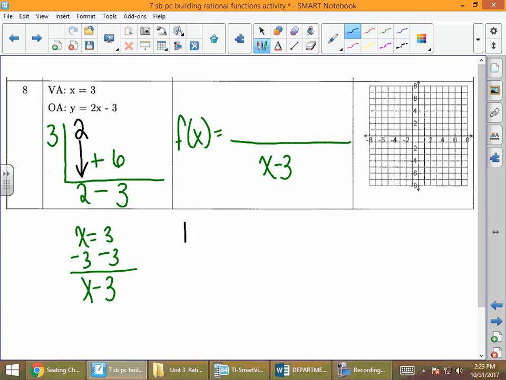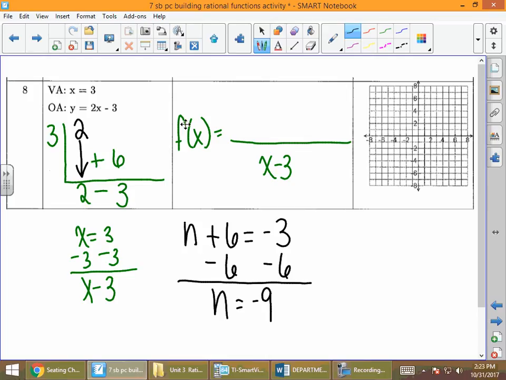And we could write it like this. What number, n, plus 6 equals negative 3? Well, we can subtract 6 from both sides. And we get n equals negative 9. So that's going to put negative 9 up here.